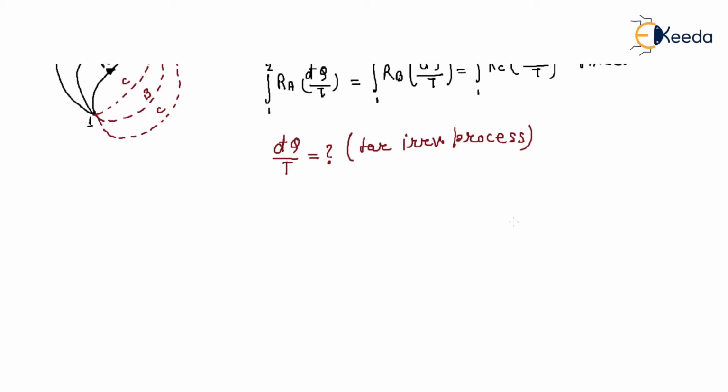So we know that for an irreversible cycle, the cyclic integration of dq by T is less than 0. We know that.